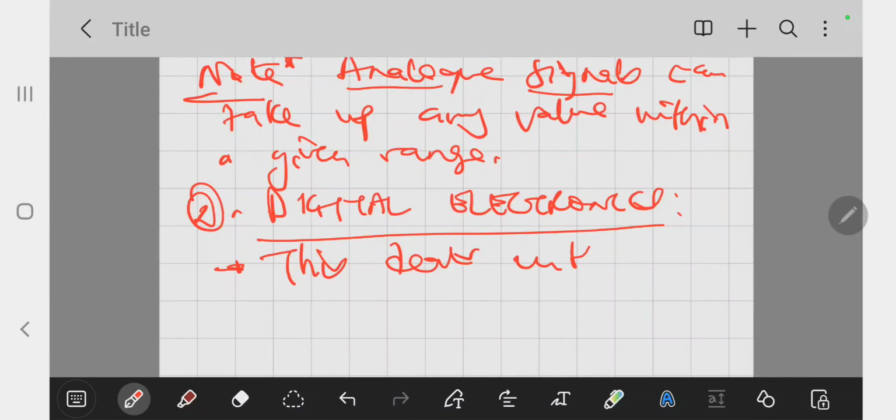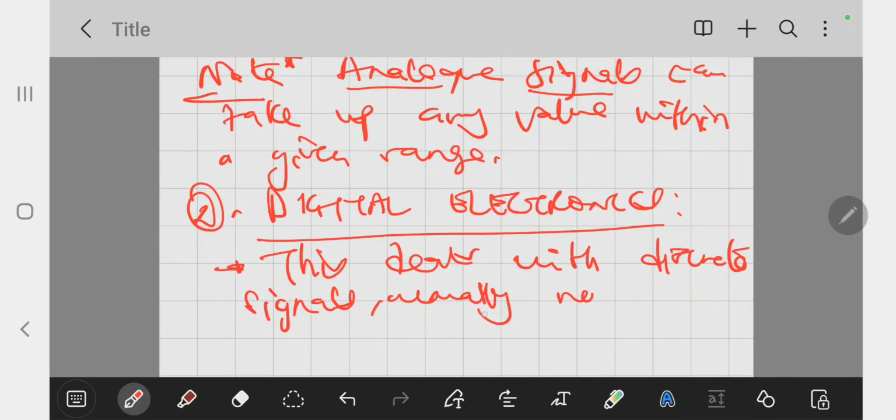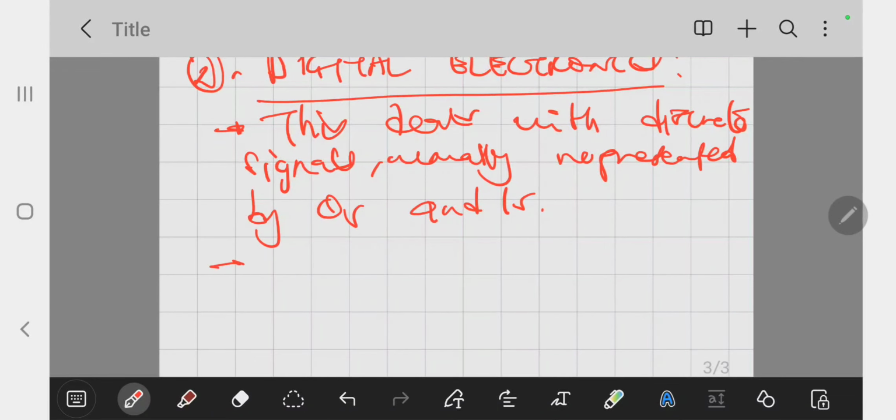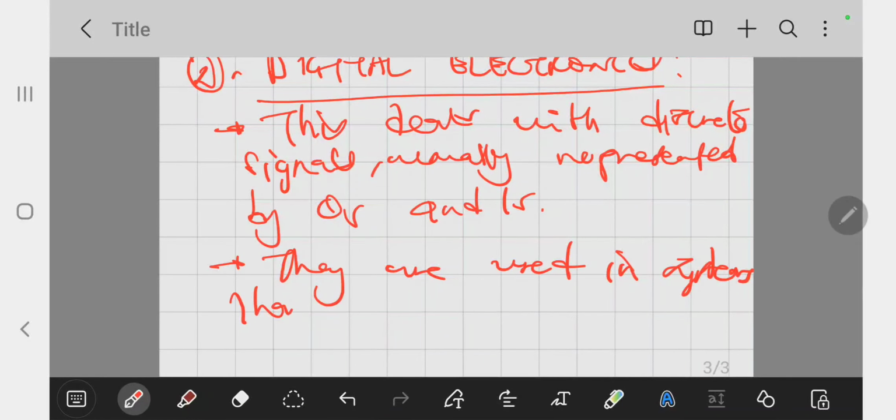These are usually represented by zeros and ones, and they are also used in systems that perform logic operations.